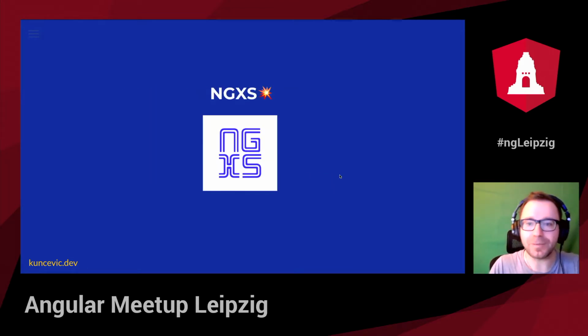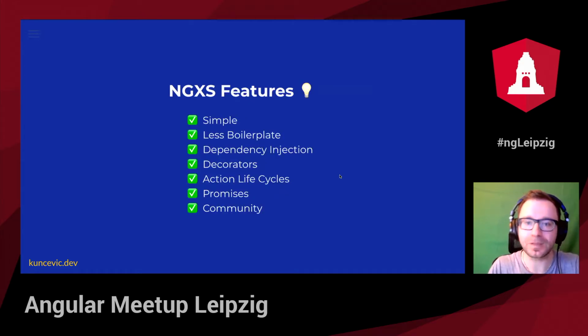So now let's talk about NGXS specifically. NGXS, in my opinion, is fully qualified as a progressive state management for your Angular applications, and soon you will find why. So what are the features of NGXS? NGXS is very simple to learn. It has minimum boilerplate.